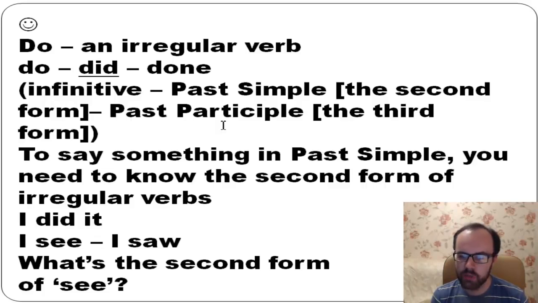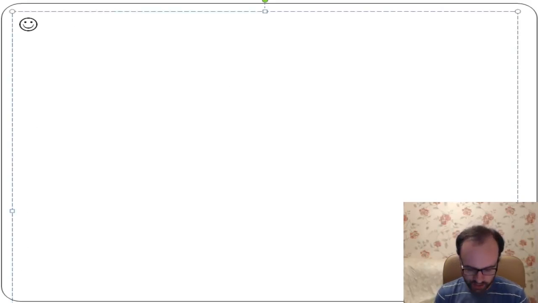To say something in past simple, you need to know the second form of irregular verbs. For example, I did it, I see, I saw. So what's the second form of see? Okay? Please remember it, and let's do some exercises.